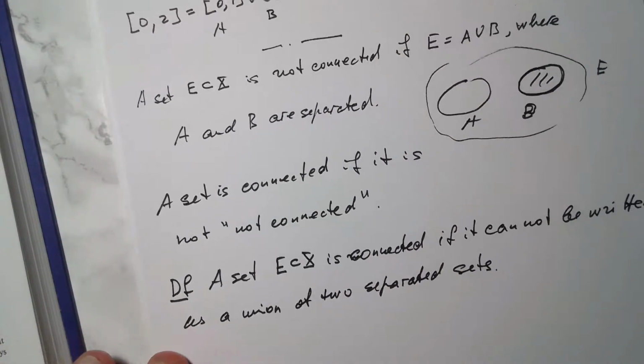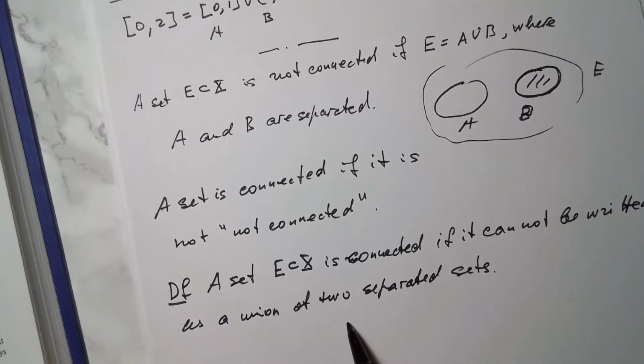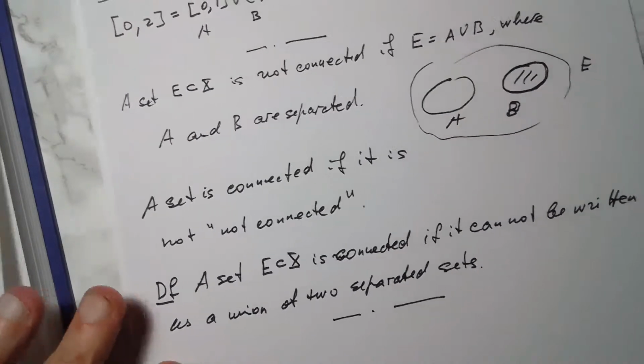And it's kind of a little bit weird because, again, in the pictures I was drawing sets A and B, but the sets A and B are subsets of the same metric space X. And of course, the closures of sets depend not only on the sets themselves, but on the topology and on the metric space X. But for now, this is a good definition.